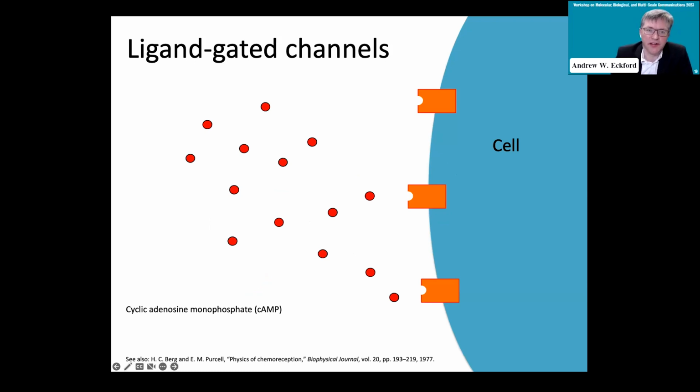What's going to happen is, randomly through Brownian motion, these red circles, which represent the cAMP, will eventually intersect with the receptor. That receptor will bind to the ligand. While bound, it changes its configuration and it starts producing second messengers. So this is what I talked about at the beginning.